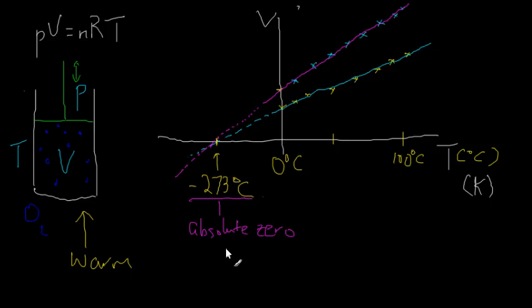So because of this, a new Kelvin scale was defined. The temperature in Kelvin is defined to be equal to the temperature in degrees Celsius plus 273.